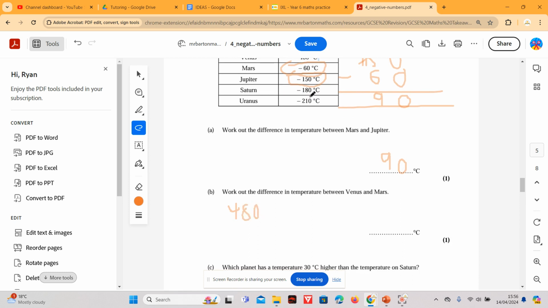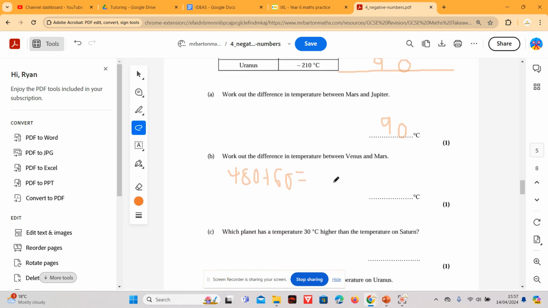And then because it's -60, we just need to add another 60 onto that. And 480 plus 60. Let's work this out properly. So let's do 480 plus 60.